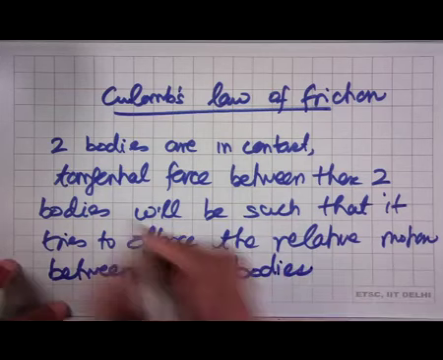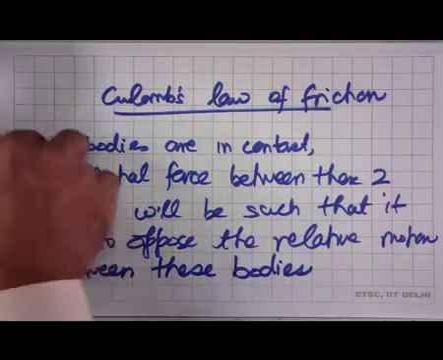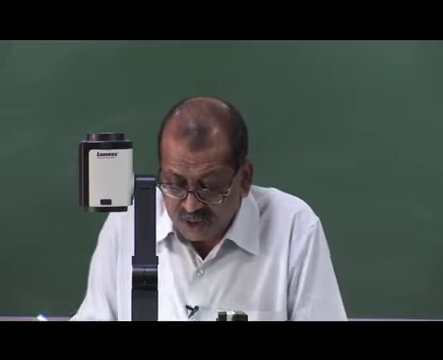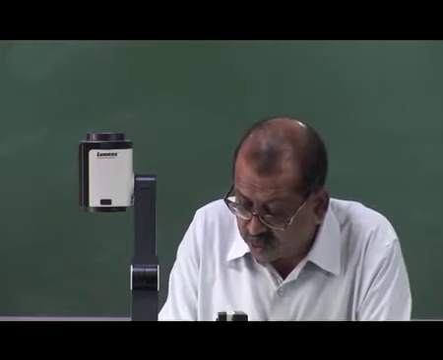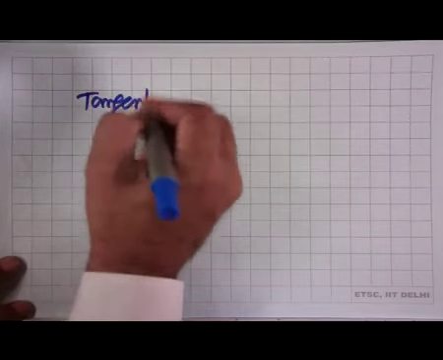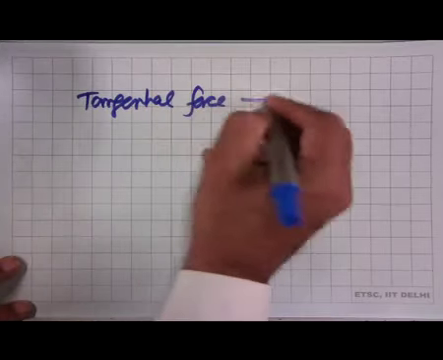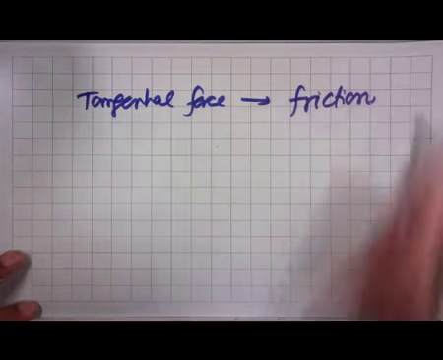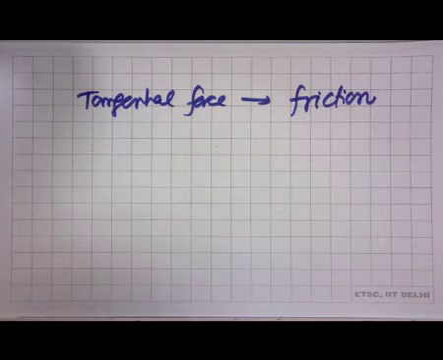And this tangential force, which tries to oppose the relative motion between the two bodies, is what we call the frictional force or the force of friction.